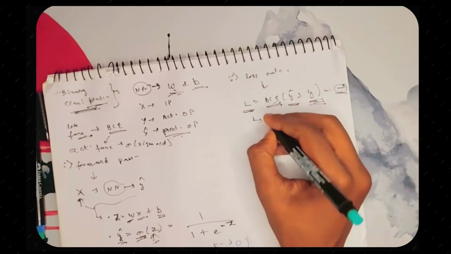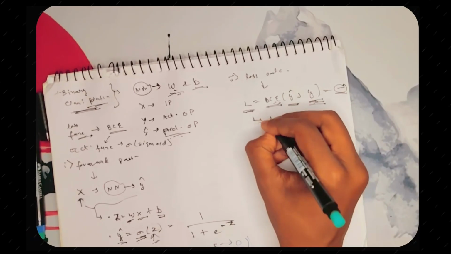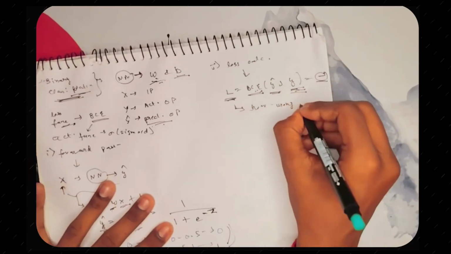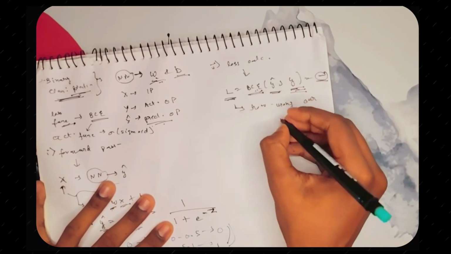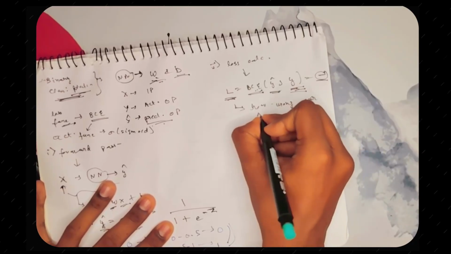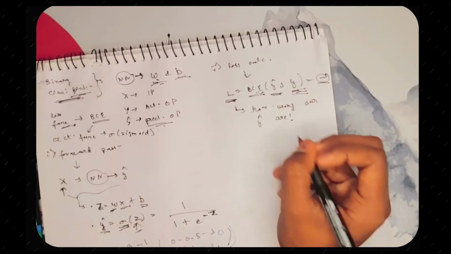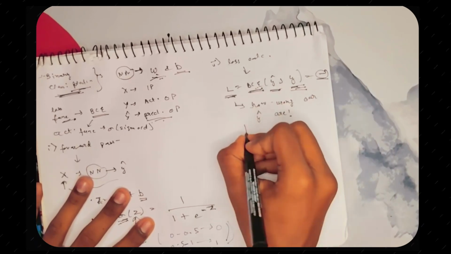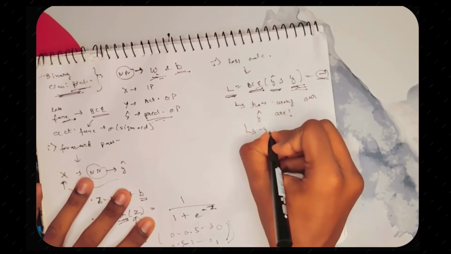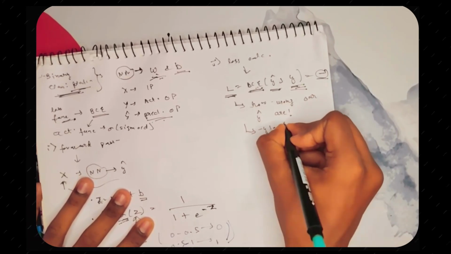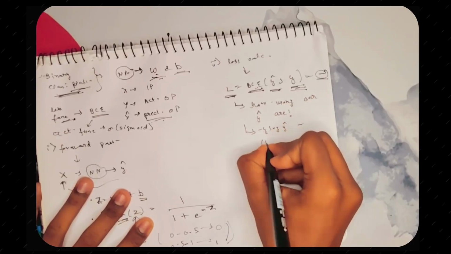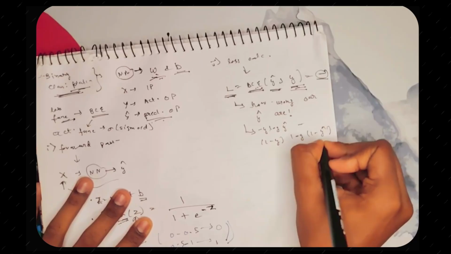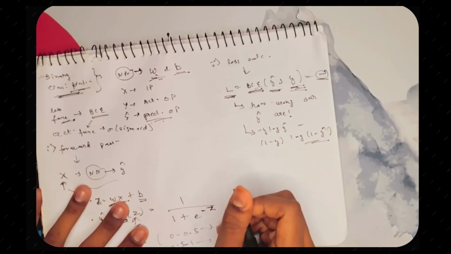And what is loss? It's basically a measure of how wrong our predictions are, or in this case our y hats are. Now what is this BCE? Its formula is minus of y log of y hat minus 1 minus y log of 1 minus y hat. So this is the formula of my BCE.